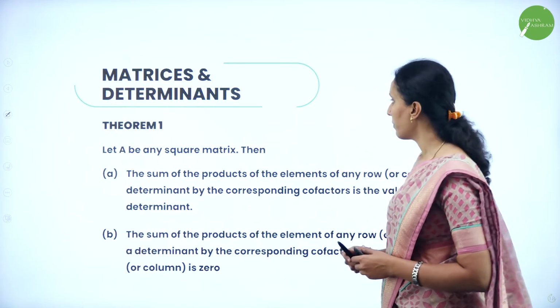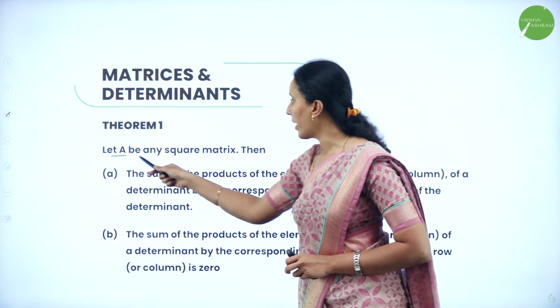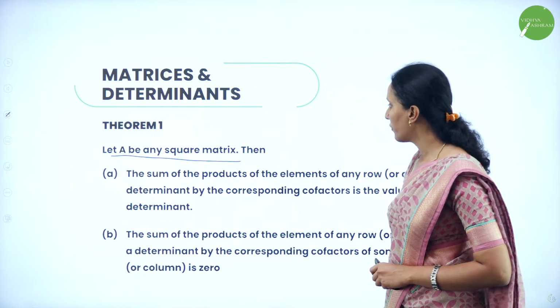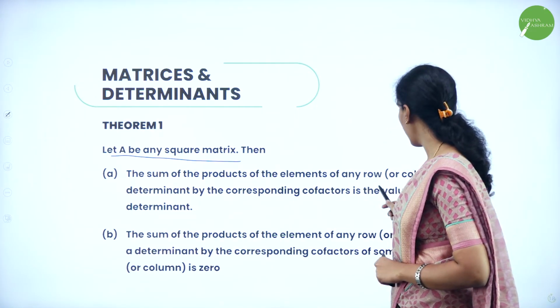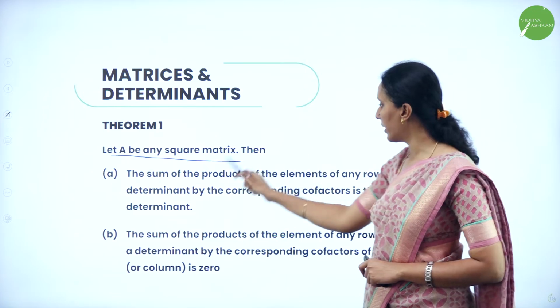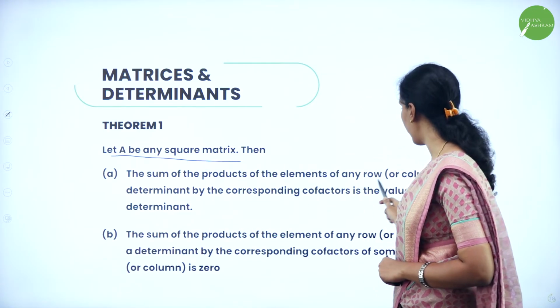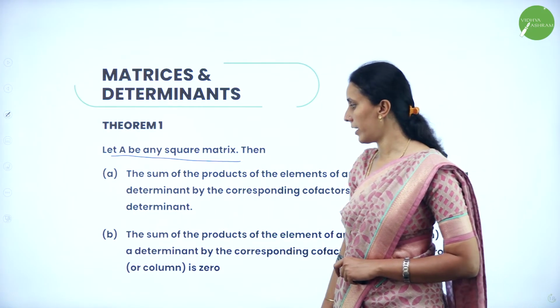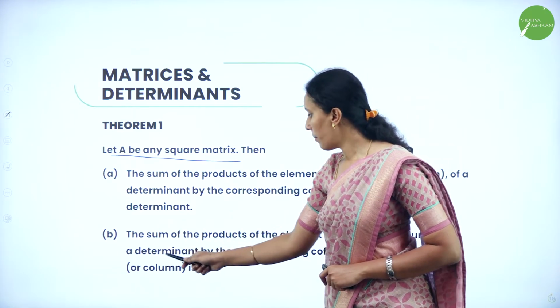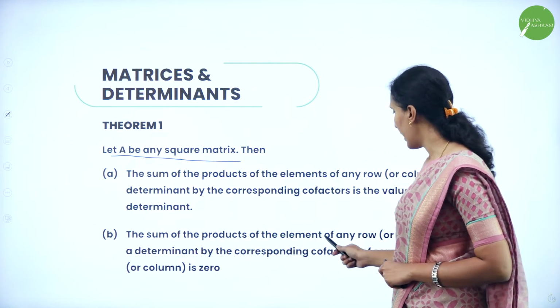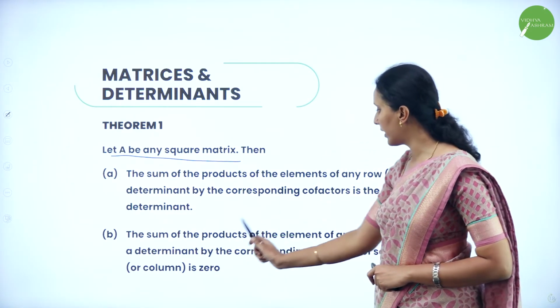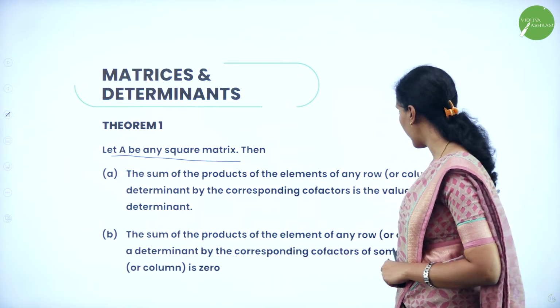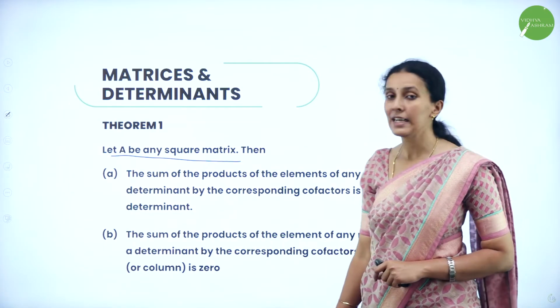So we have a theorem here. Let A be a square matrix. Then the sum of the products of the elements of any row or column of a determinant by the corresponding cofactors is the value of the determinant. Second, the sum of the products of the elements of any row of the determinant by the corresponding cofactors of some other row or column is 0.